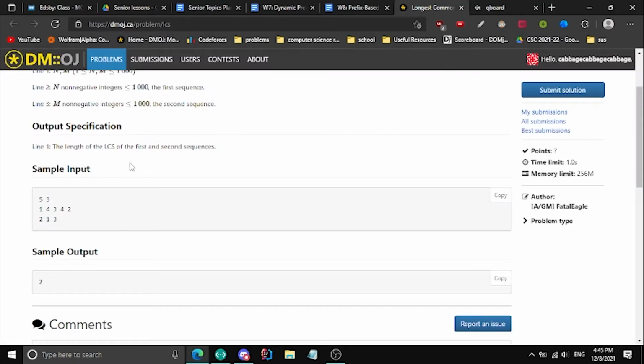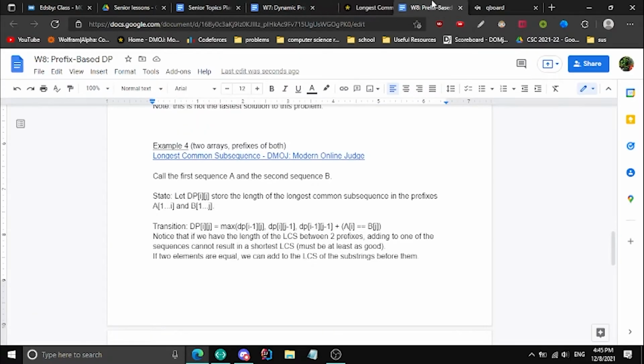So, where's my document? Oh, here. dp at i j stores the length of the longest common subsequence in the prefixes: the prefix of A ending at i and the prefix of B ending at j.